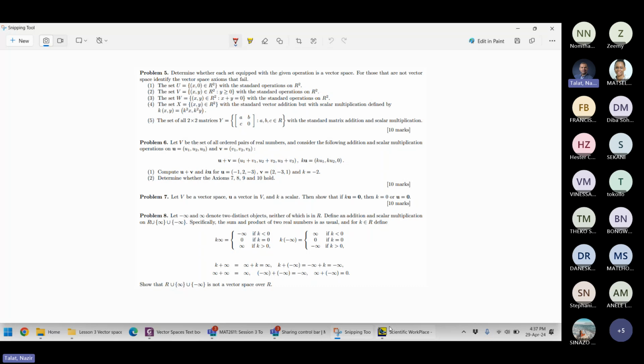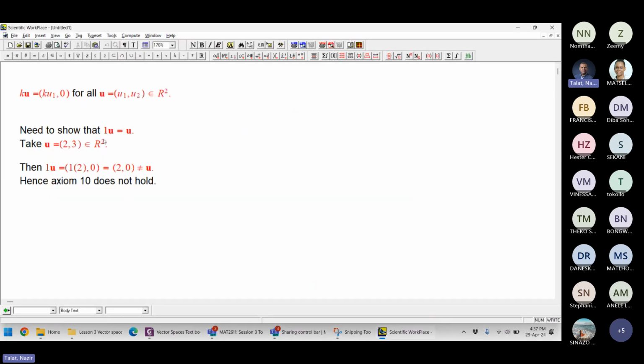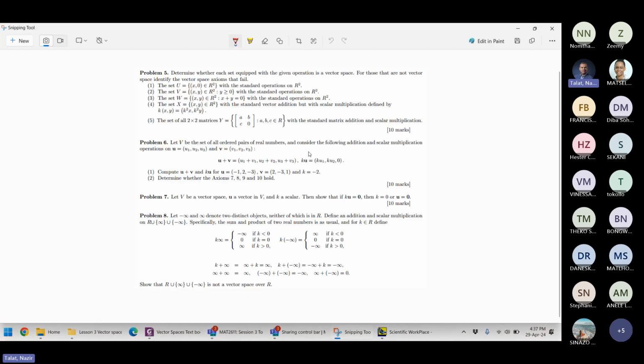You can also give a specific example, like the vector (2, 4, 6). If you put (2, 4, 6), then 1 times (2, 4, 6) becomes (2, 4, 0). And we know that (2, 4, 0) is not equal to (2, 4, 6). It means 1 times u is not equal to u. Hence, axiom number 10 does not hold.